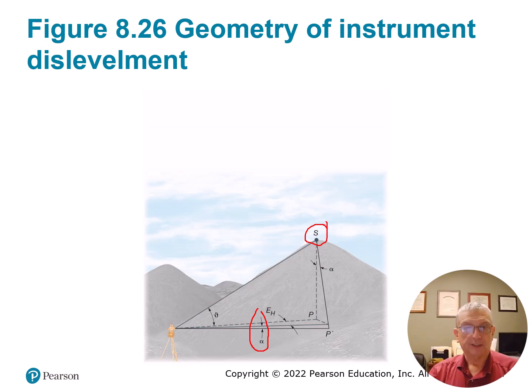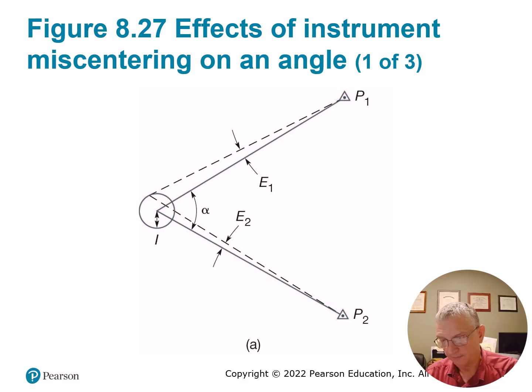However much your instrument is out of adjustment, that is how much error you're throwing in the position of your forward point. So you think it's actually here at P, but it's really over here at P prime, or reverse. I would probably look at it, well, their next illustration is pretty good, 8.27. This is showing you if your point is actually right here inside the middle of the circle.